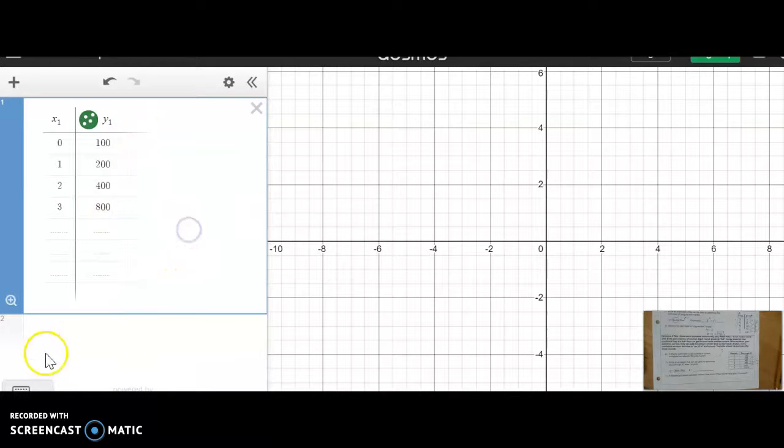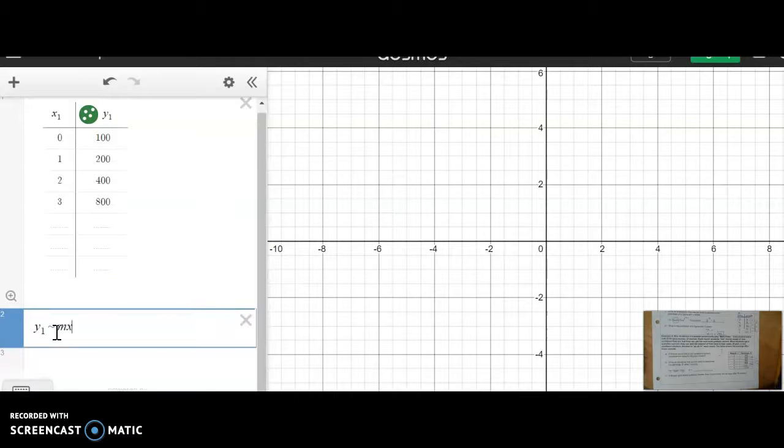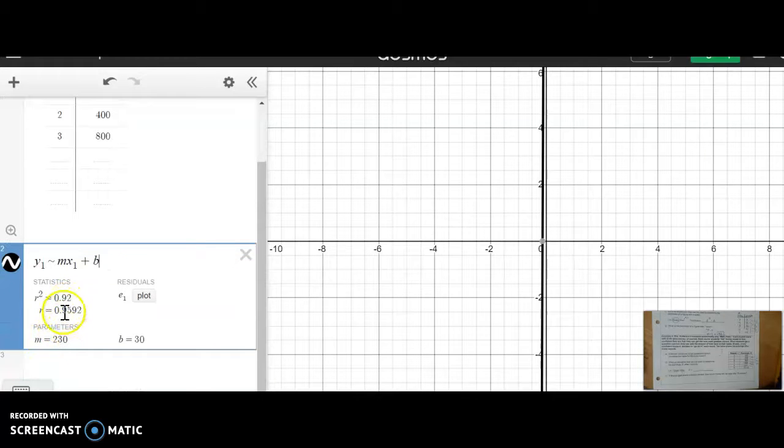And then I'm going to do my linear regression, y1 regression, mx1 plus b. I'm going to look at my r squared, 0.92.